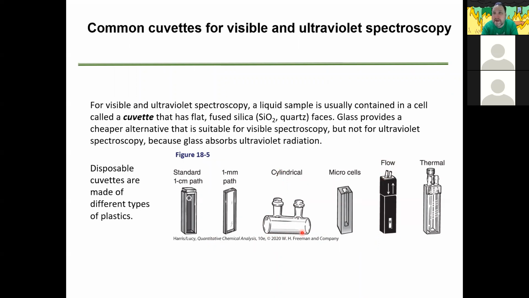So in PChem, we may or may not get to do a FTIR experiment where we measure the infrared absorbance of a gas. So doing gas phase sampling is a little tricky, so you don't see that often, but that's what one of these guys looks like. A flow cell lets liquid flow in and out of it. A thermal cell is one that's going to have a little thermal jacket around a flow cell. That's going to help keep the temperature stable.